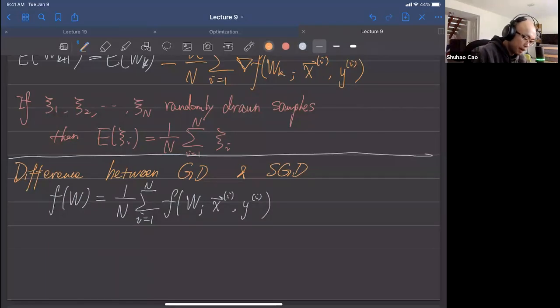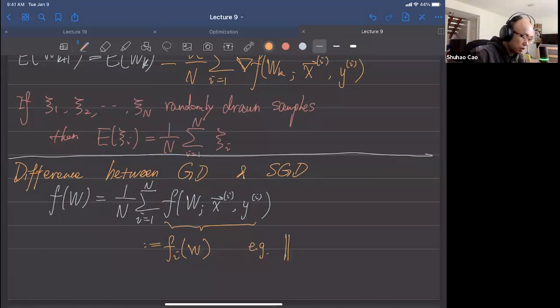And we redefine this one as f sub i of W. For example, this can be something like a least square problem. For example, we choose a mean square loss.